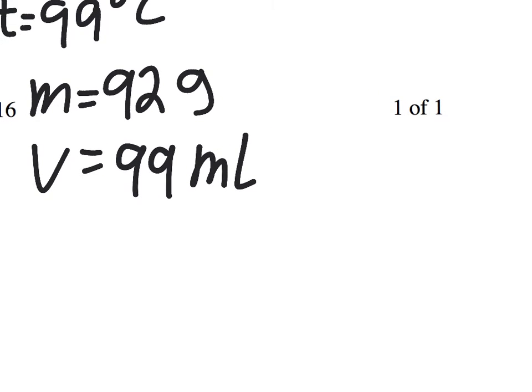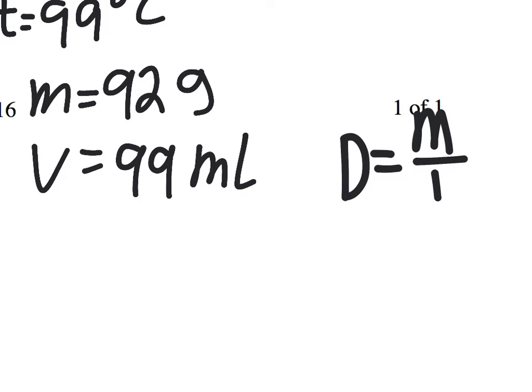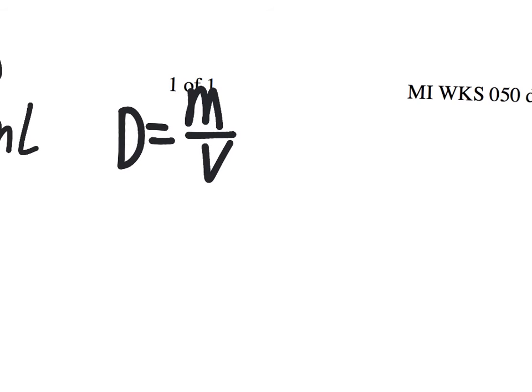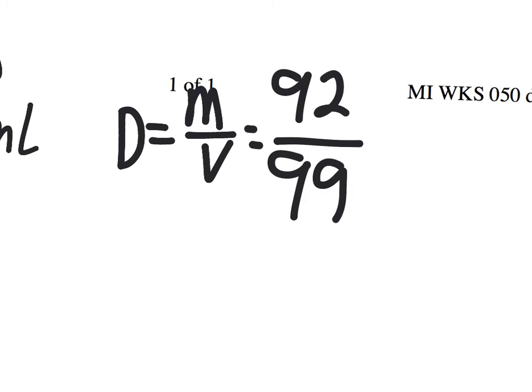Okay, so now let's calculate our density. So we still have density equals mass over volume, only this time, instead of 92 over 92, we get 92 over 99. And these are grams and these are mils.